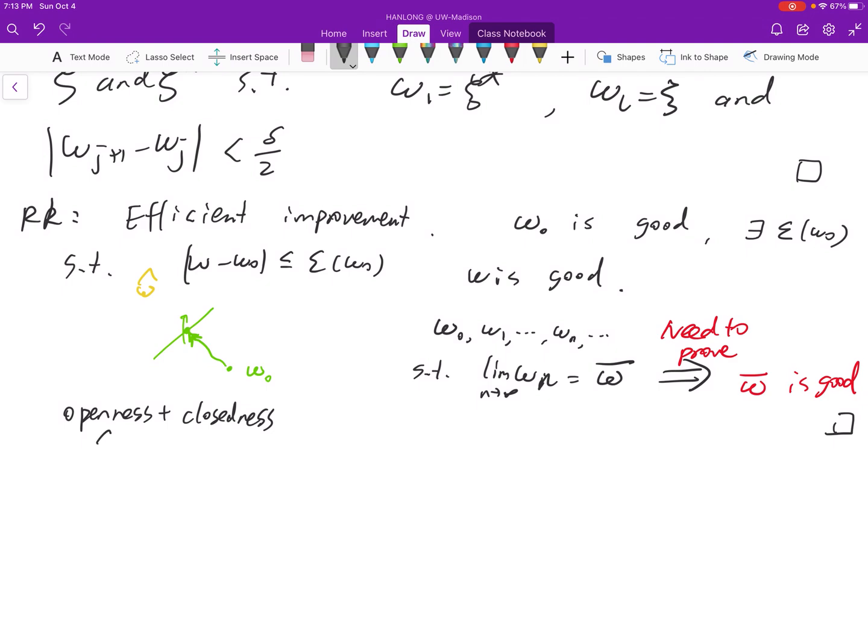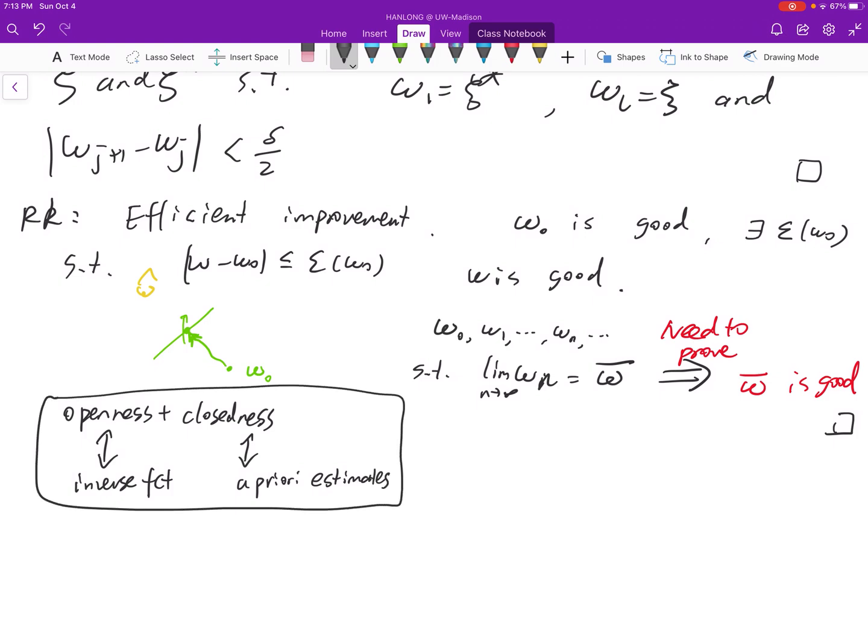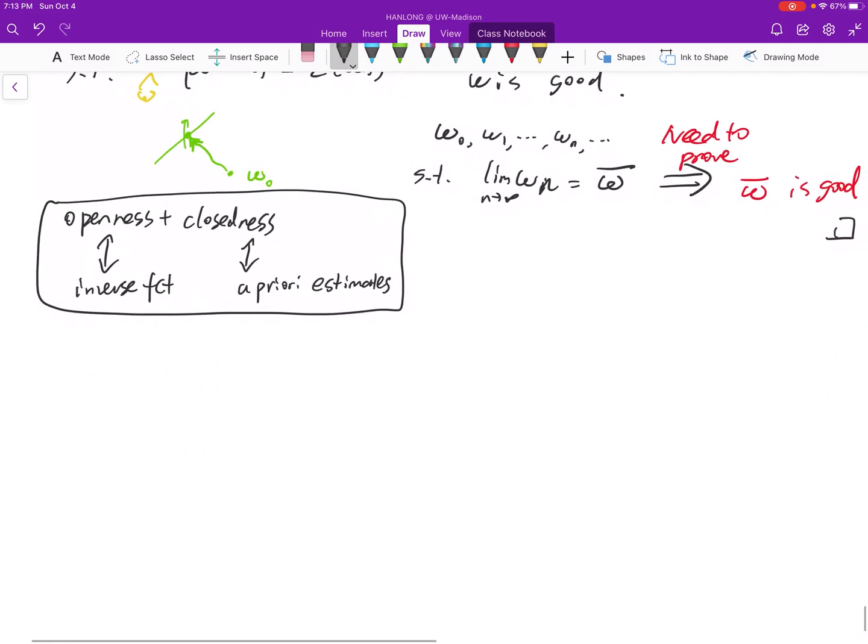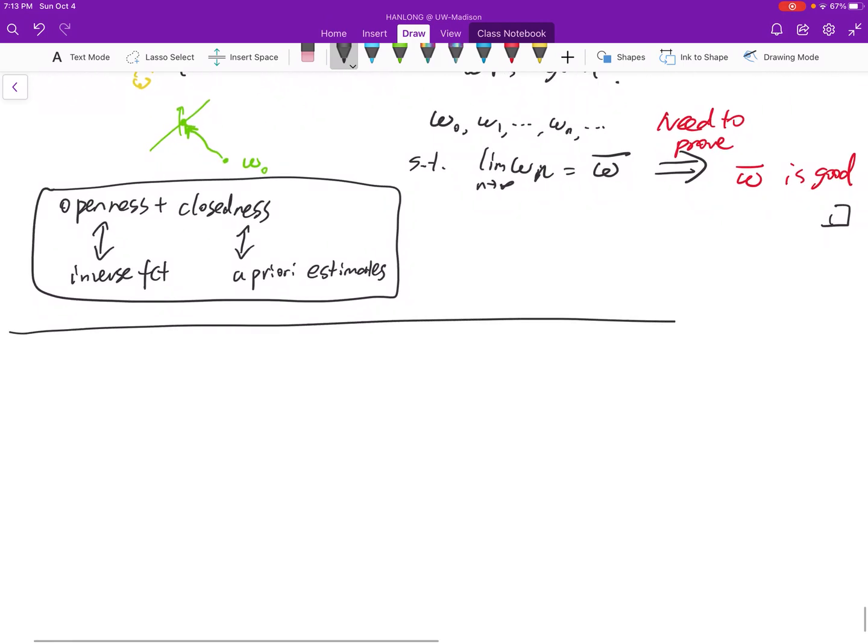Openness usually means you need to use the inverse function theorem. Closeness means you need to have some a priori estimates. We will not study this in this course at all, but I would like to tell you this is a typical method people have developed for quite a long time.